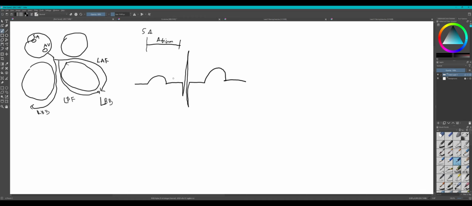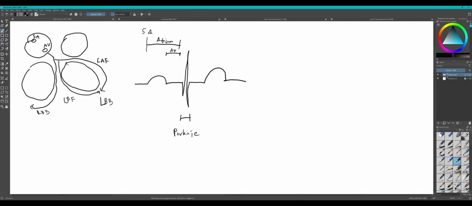Now over here, this pause is where the AV node holds onto the electrical signal. Down here, the QRS spike is very fast. That's why the time course is so narrow. And this whole thing is the Purkinje fibers. So this includes the right bundle branch and the left bundle branch. Following me so far? Okay.